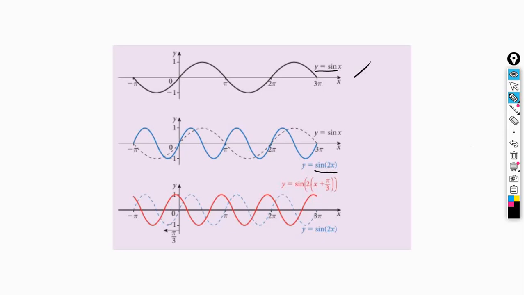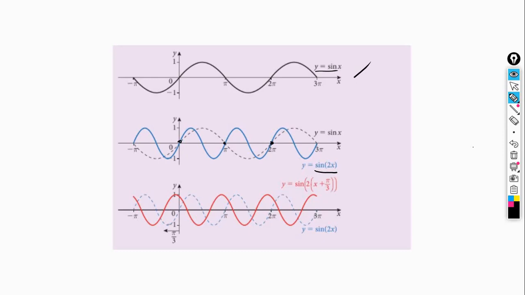So the blue line is, notice here that this is now going to be less than 2 pi as the period, but actually half. So notice that for the blue line, if we start from 0, the period is pi. Whereas for the normal sine function, it starts here, but then it has a full period at 2 pi. So that means a horizontal squeeze, right?